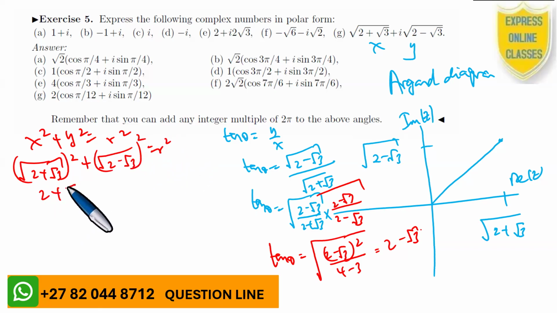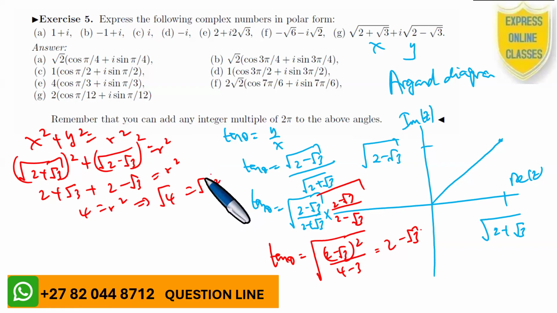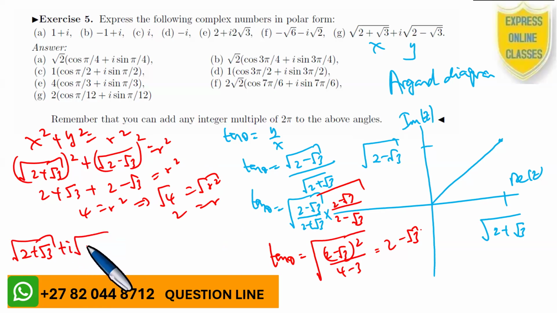And therefore, this is 2 plus square root of 3, 2 minus square root of 3 is r squared. 4 is equal to r squared, which means therefore you can take the square root of 4, the square root of r squared. r is 2. 2 plus square root of 3. 2 minus square root of 3.